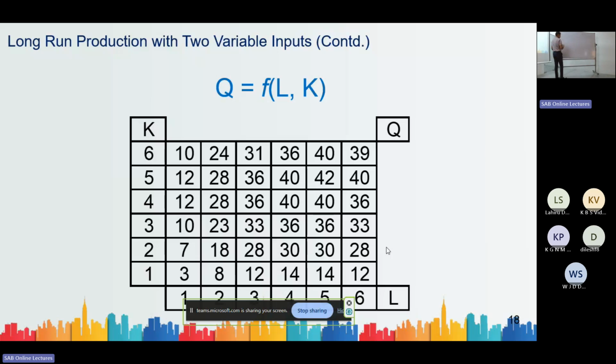The same level of output. It's about combinations of two inputs. All possible combinations of two inputs that derive the same level of output.